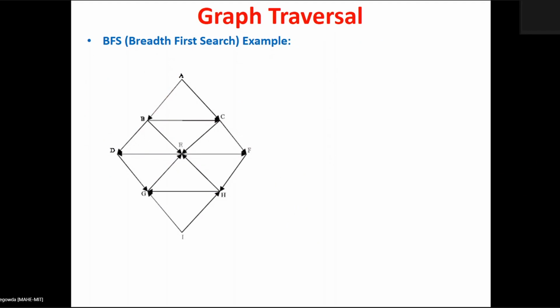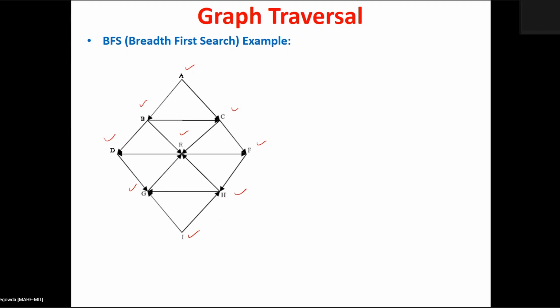Now let us consider an example with the following nodes. We have vertices A, B, C, D, E, F, G, H and I. This is the vertex set we are given.